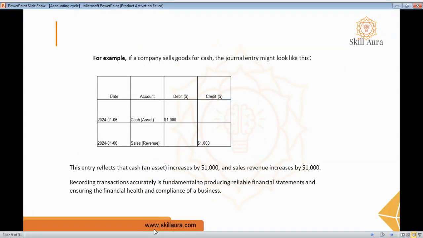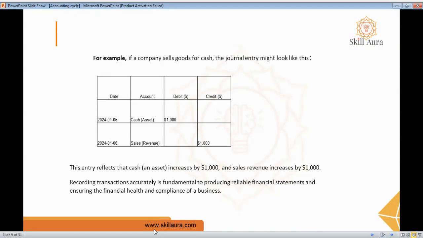For example, if a company sells goods for cash, this journal entry looks like this. We'll have four columns, that is date, account, debit amount and credit amount. We'll understand this statement carefully.